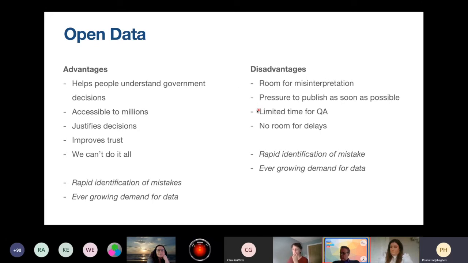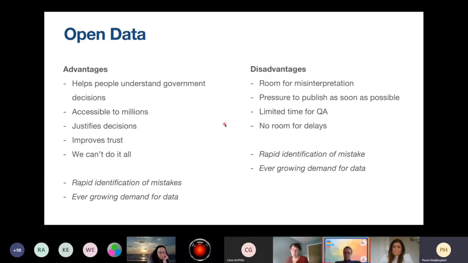So we have to have very robust processes in place, which mostly have been designed by Claire, to perform rapid QAs and identify issues of significance. There isn't really any room for delay. We have to publish at 4 p.m. We have the data sent to the ETL at the earliest at 3 p.m. So there isn't really much room here for maneuvers.